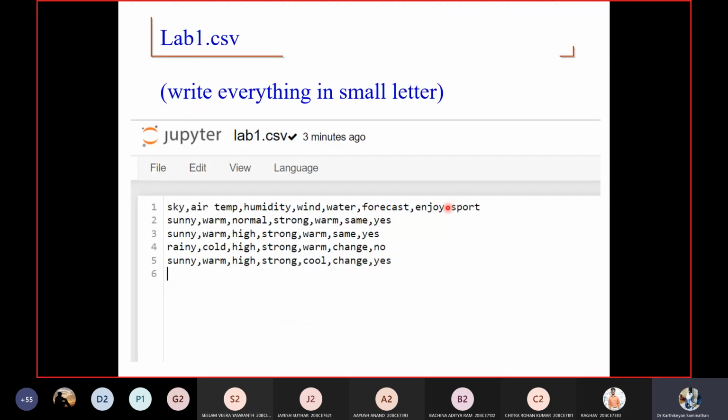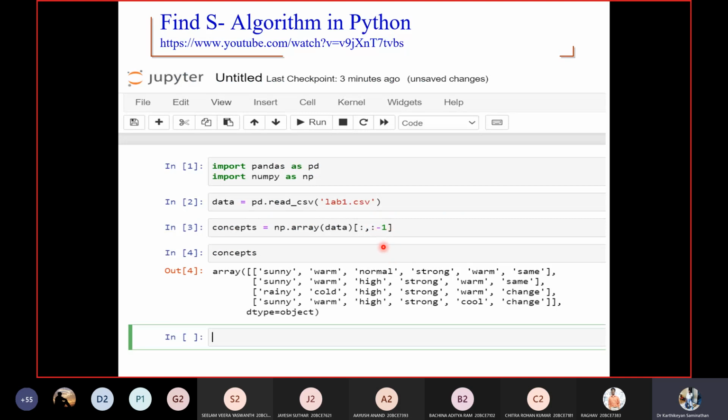This final column is nothing but enjoy sports: yes, yes, no. So I am simply using -1, meaning it will remove this final column. You can check the result by typing concept. The sheet is loaded from lab1.csv, but when I run this, I am removing the last column, so it shows sunny, warm, normal, strong, warm, same.